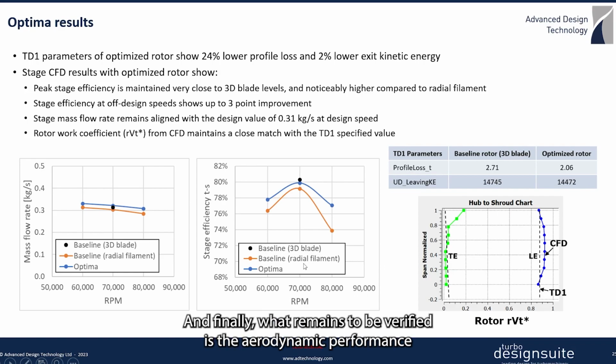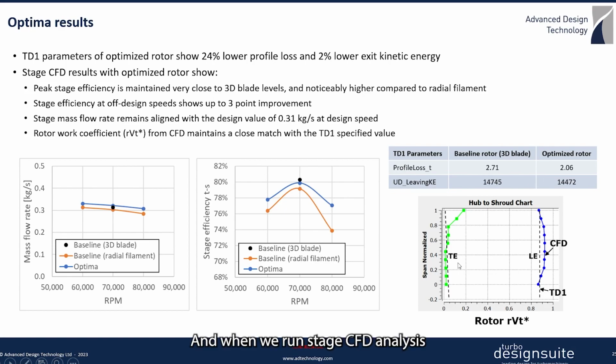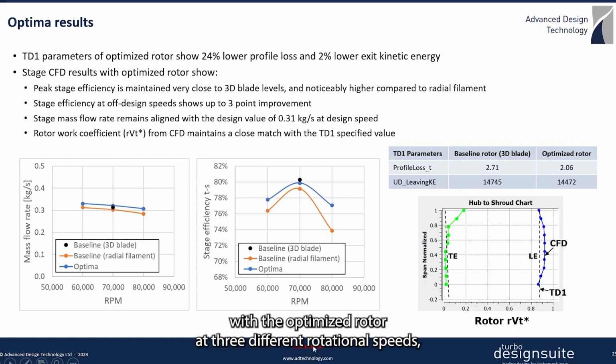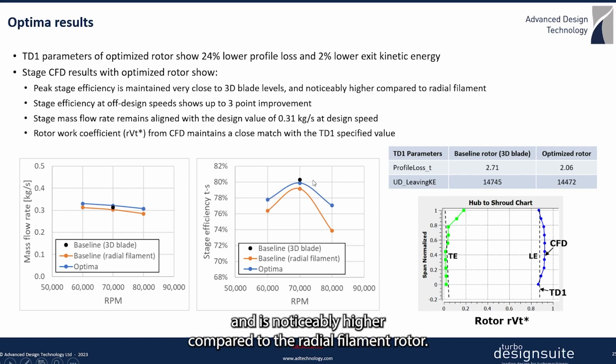And finally, what remains to be verified is the aerodynamic performance of the optimized rotor, and it's interesting to see the effect on the Turbo Design 1 parameters, where there is a significant reduction in the total profile loss and the exit kinetic energy as a result of the optimization. And when we run stage CFD analysis with the optimized rotor at 3 different rotational speeds, we find that the peak stage efficiency actually stays quite close to the baseline 3D rotor and is noticeably higher compared to the radial filament rotor.